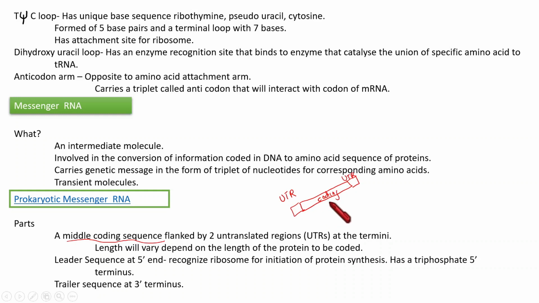So, generally, prokaryotic mRNA is composed of 3 parts. A middle coding region is flanked by 2 untranslated regions at both termini. The length of this coding region varies, depending upon the length of the protein to be coded.